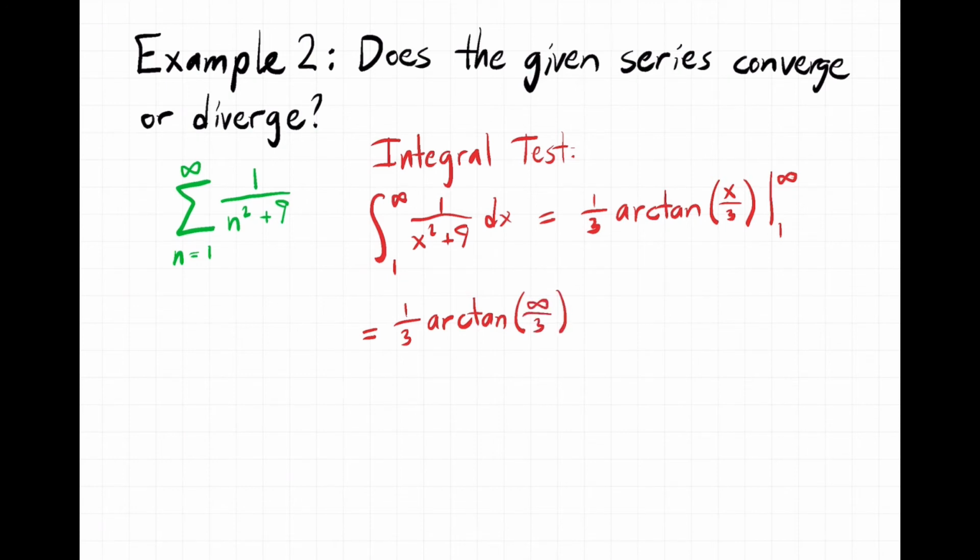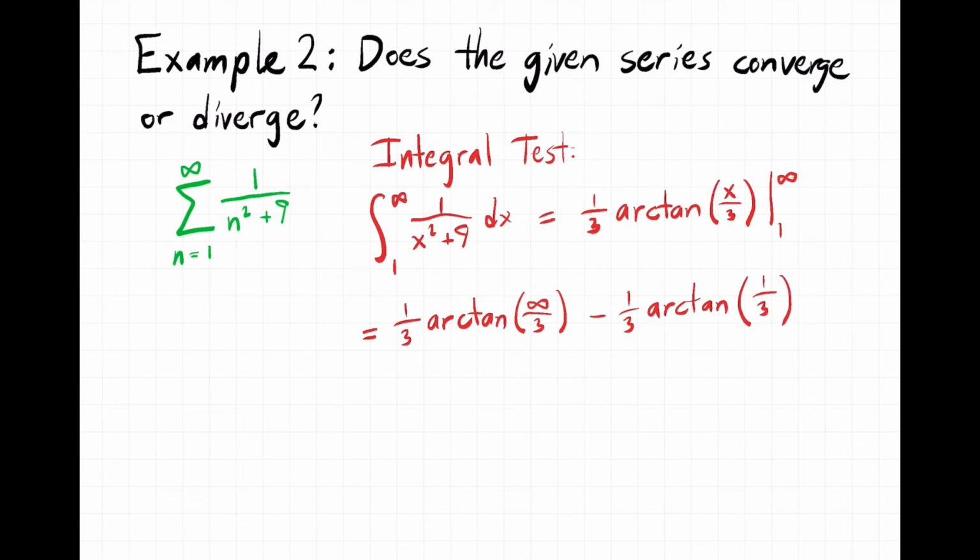Again, we are kind of cheating here by just plugging infinity in as if it were a number, but we understand that what we mean here is a limit, and we can get away with fudging the notation a little bit, as long as we are having the right thinking, and as long as we don't do anything that is not true or does not follow logically from what we're starting with. Minus 1/3 arctangent of 1/3.